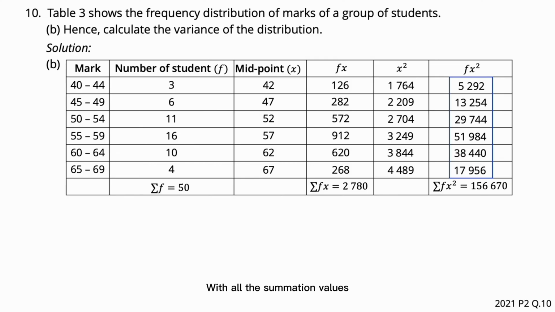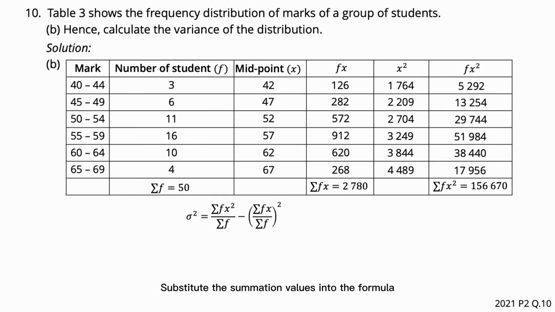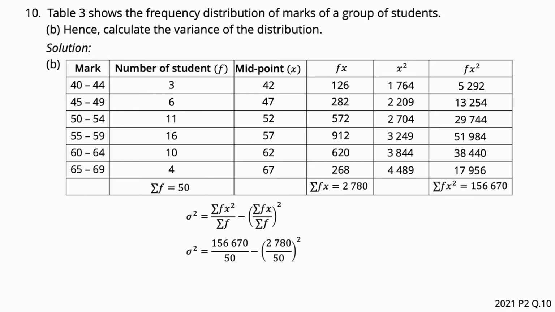With all the summation values, calculate the variance of the distribution with the formula. Substitute the summation values into the formula. Sigma squared equals 156,670 divided by 50 minus 2,780 divided by 50 in a bracket squared. The variance of the distribution is 42.04.